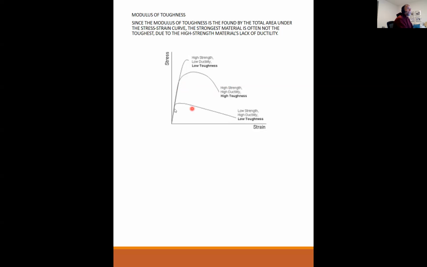Low strength, high ductility steel would be more like A36 steel, which is what we call mild steel. That stuff's not very strong, but it will bend for days. Almost like the steel you find in a paperclip. That's very ductile, but fairly low strength steel.